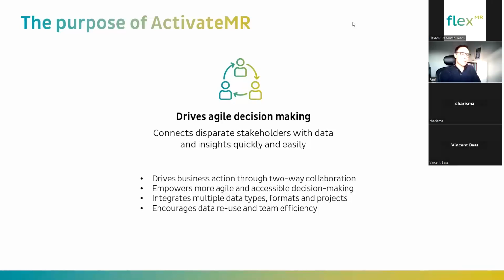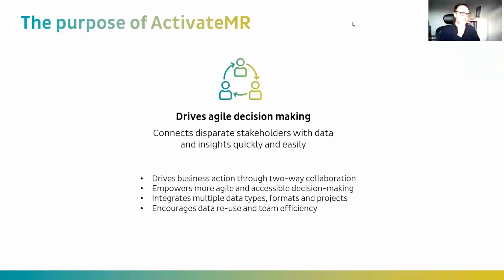So the four objectives of using ActivateMR are about driving business action through two-way collaboration, empowering more agile and accessible decision-making, and integrating multiple data types and formats and projects into one space. By doing that, we're also encouraging you to reuse information and insight from previous projects and improve the efficiency of your team. So the key improvement here for businesses is to improve decision-making by improving engagement with stakeholders.